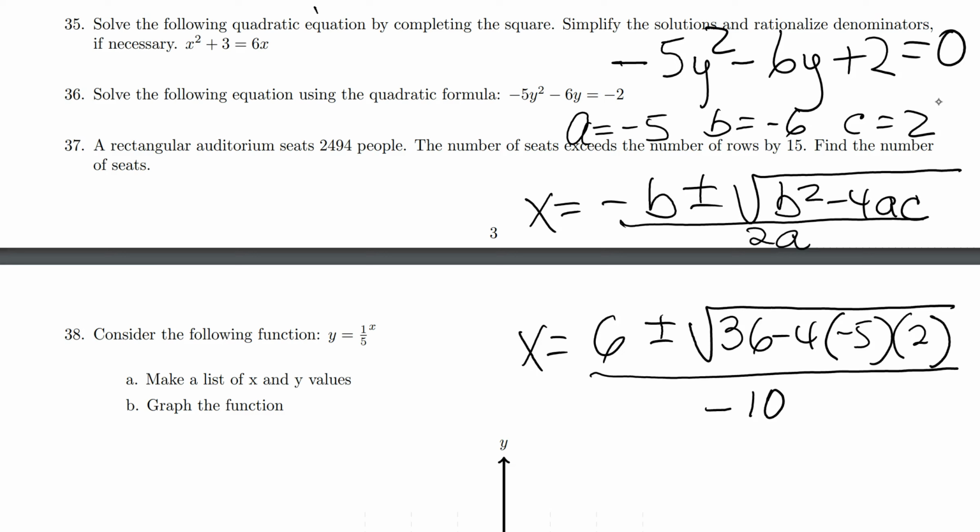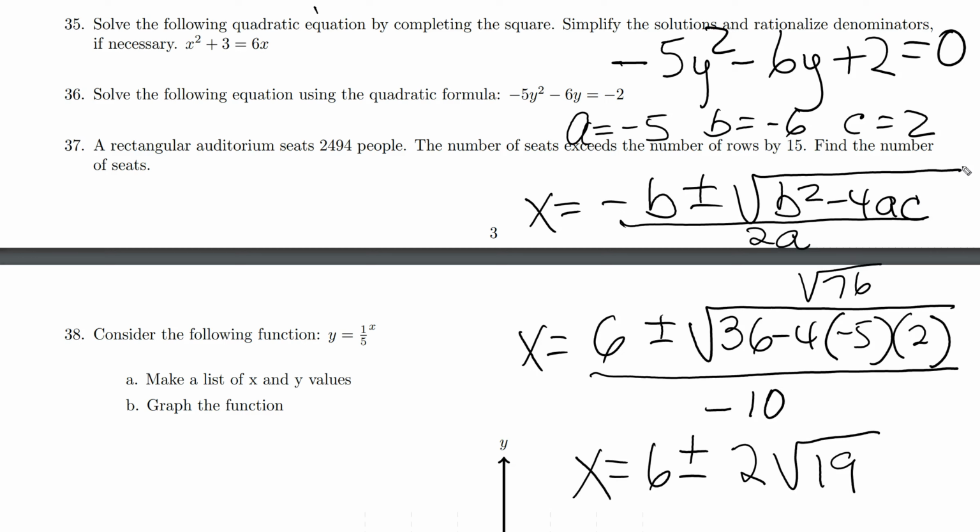So take a moment to work this. I will work it, and we'll see what we get. So taking this a little further, when I worked with the discriminant, I get a 76. And 76 I could divide into 4 times 19. And the square root of 4 is 2.